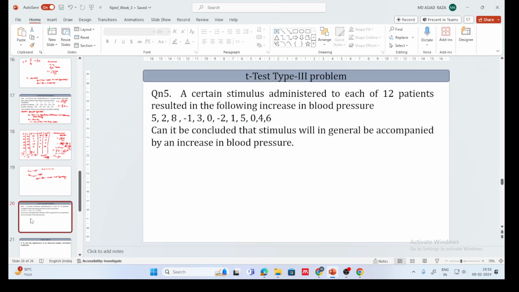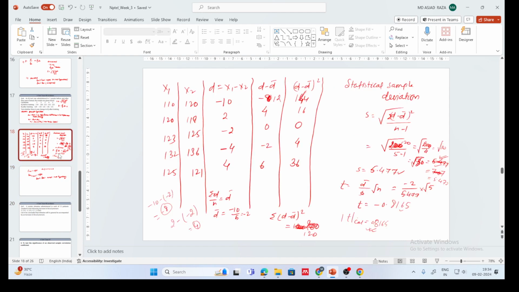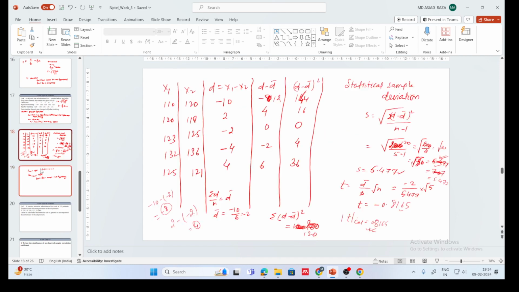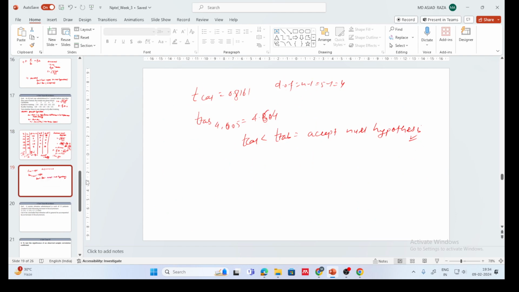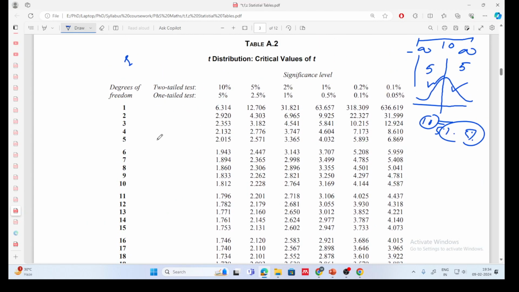Now we'll go for the next type. Sir, in the previous sum, you have taken the T table value according to 99%. No, the table value 4.604. Let me see. It's 1%.